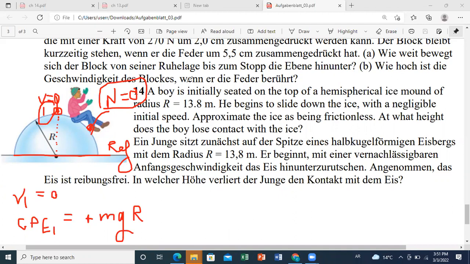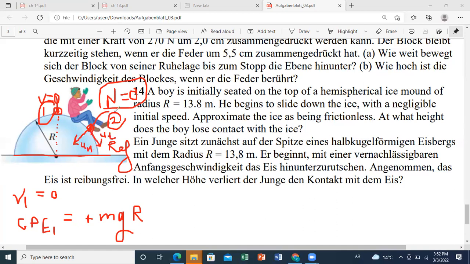Because you have circular motion, think about un and ut. At position 2, your ut vector is tangent to the path, and your un vector is directed towards the center of rotation. So this is your un.